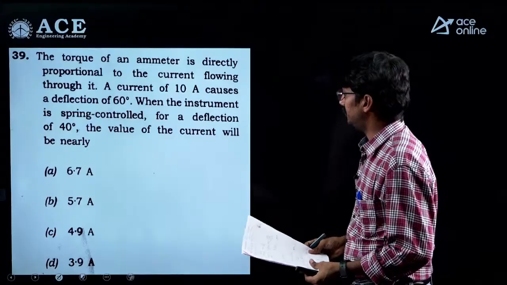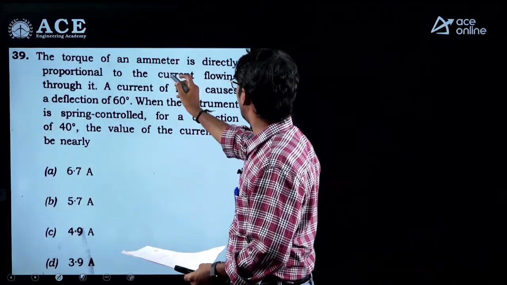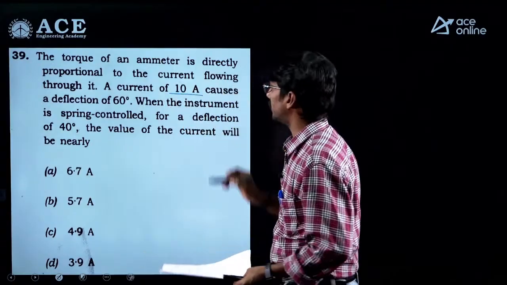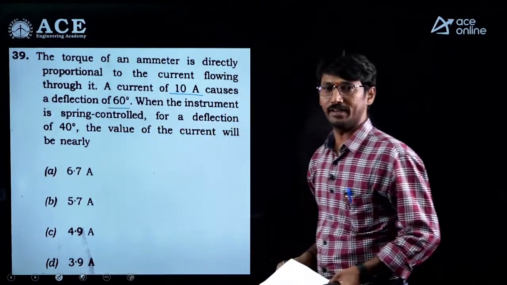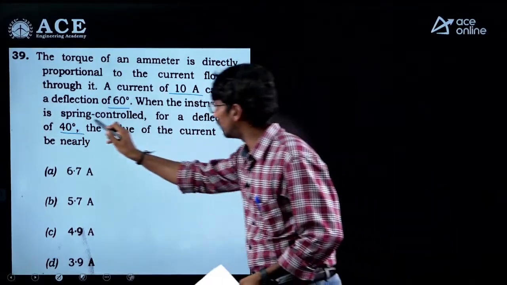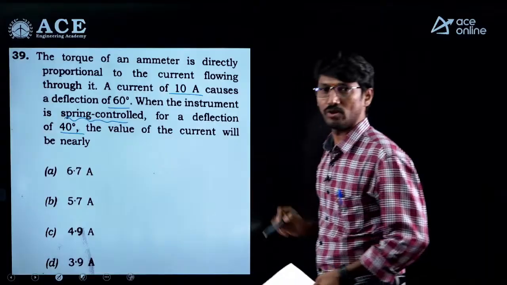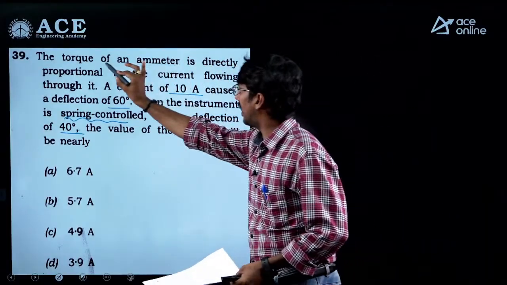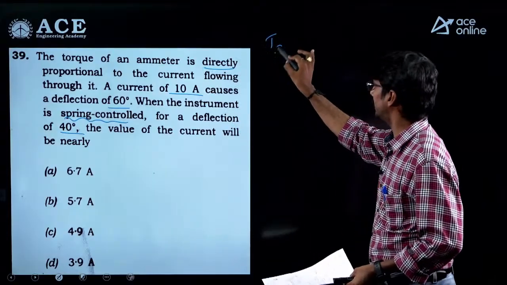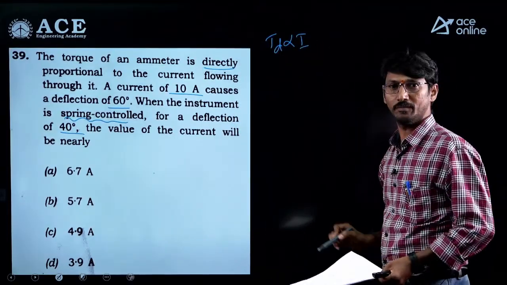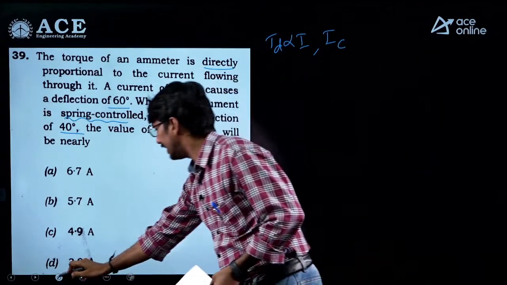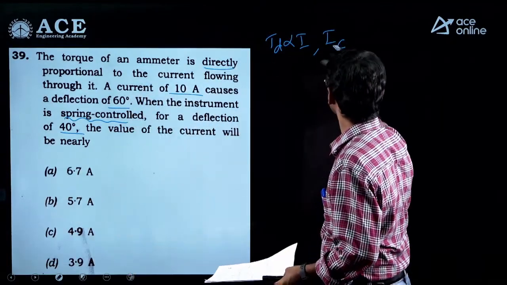Next question is, the torque of an ammeter is directly proportional to the current flowing through it. A current of 10 ampere gives 60 degrees, and for 40 degrees what is the corresponding current, with spring control method given. The torque is directly proportional to the current, meaning TD is proportional to I, and spring control method means TC is proportional to theta.